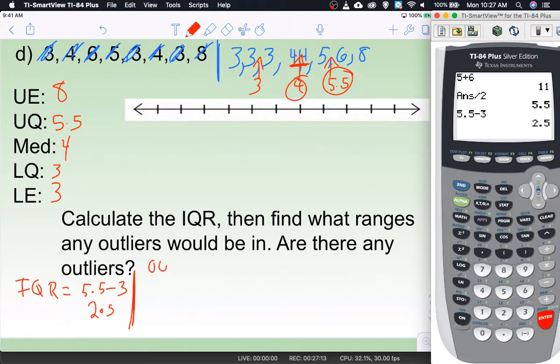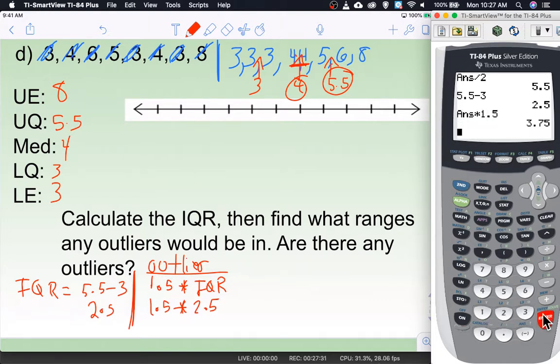An outlier would be 1.5 times the interquartile range, which is 1.5 times 2.5, which is 3.75.